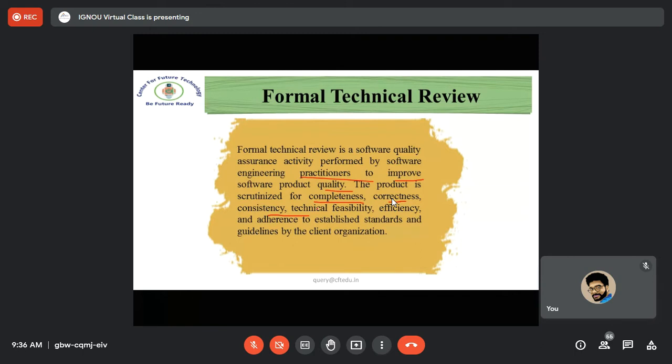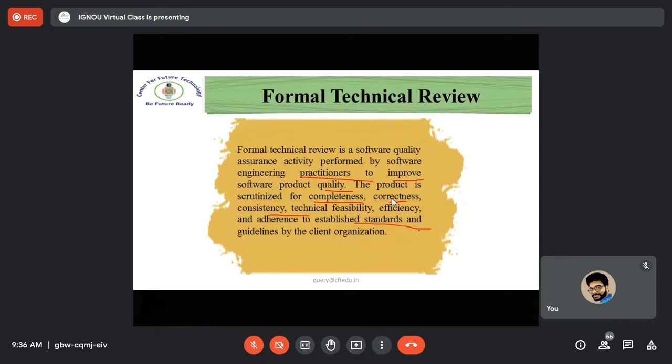Efficiency, in terms of how the network, computer and other IT resources are utilized under the implementation of this particular software. Apart from this, how our proposed software fulfills the standards of the company for which we are going to develop it.